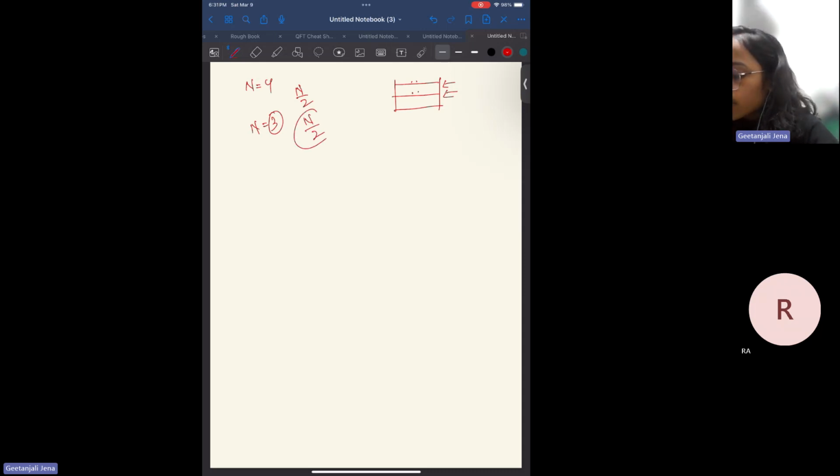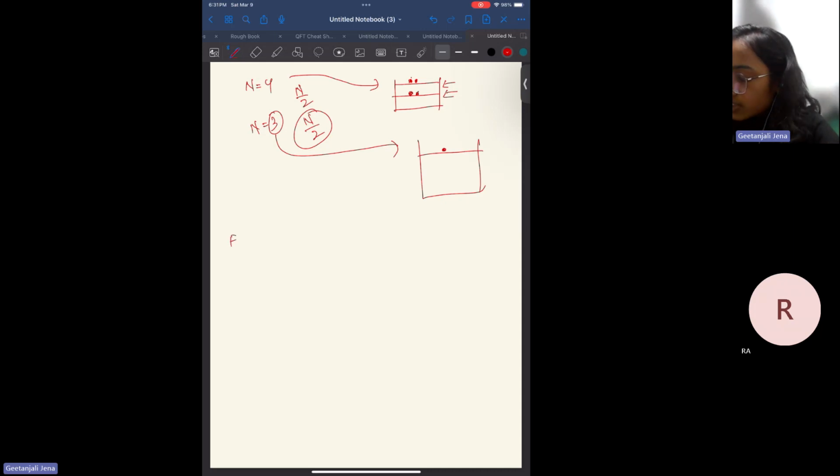And what happens in that case is only the last energy level is occupied by one particle. So when n is even, all particles are paired, all energy levels have two particles. Or when n is odd, the last energy level will have only one particle.